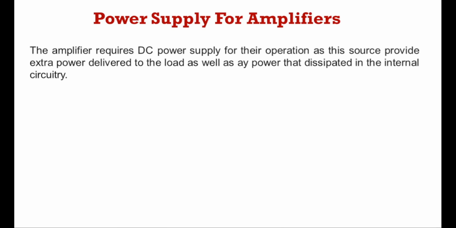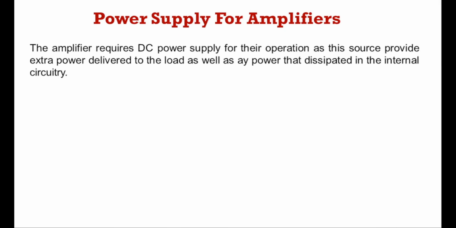This is possible because an amplifier requires a DC power supply for its operation, as this provides the extra power delivered to the load as well as the power dissipated by the internal circuit. Actually, an amplifier needs two power supplies, one positive and another negative, connected to the circuit as shown.